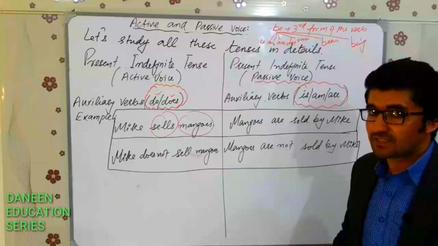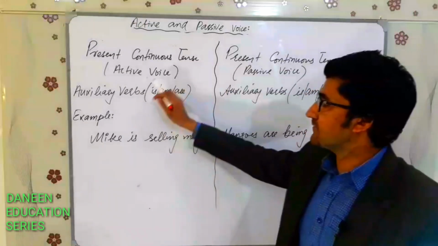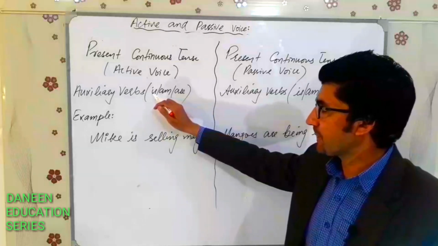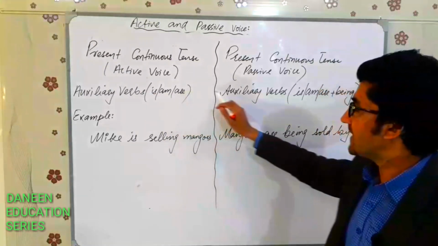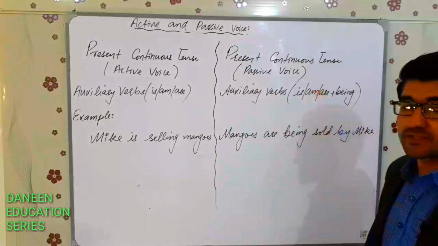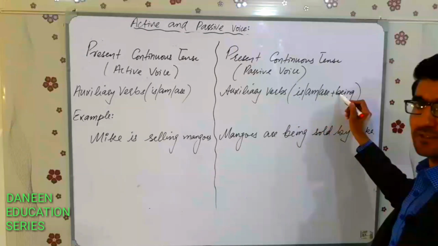Let's talk about another tense. Next tense is present continuous tense. In active voice, the auxiliary verbs that are used in present continuous tense are is, am, and are, while the auxiliary verbs that are used in present continuous tense in its passive voice are is, am, are plus being.